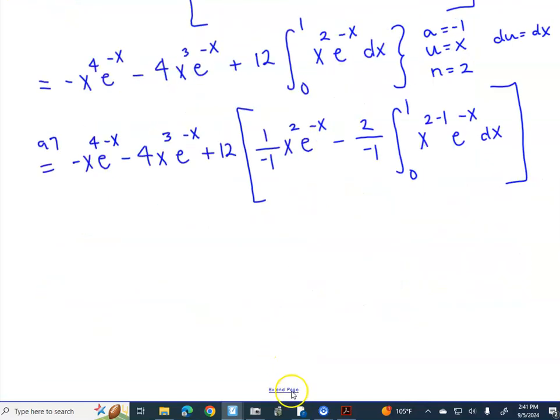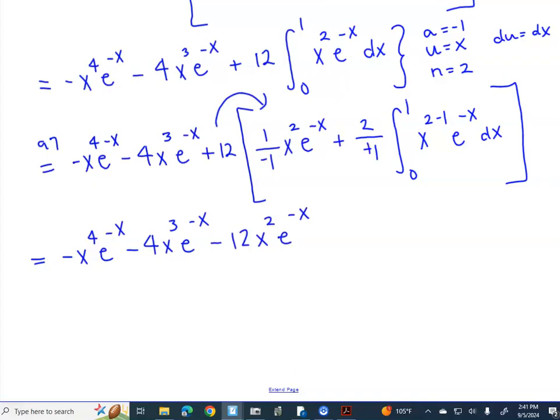And so now let's go ahead and simplify that. So we have negative x to the fourth e to the negative x minus 4x cubed e to the negative x. If we distribute the 12 to the negative 1, that becomes minus 12 x squared e to the negative x. That becomes a positive, so 12 times 2 over 1 is 24, so that's plus 24 times the integral from 0 to 1 of x e to the negative x dx.